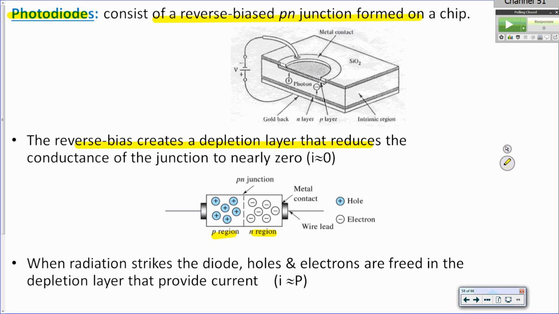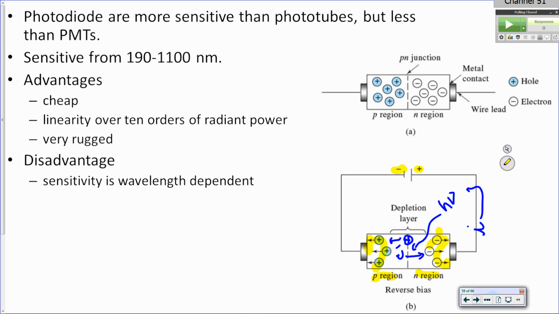They're not very big in terms of size. They're typically doped silicon of some region, and they have conductors attached to them. Whenever radiation comes in, it creates a hole and an electron, which provides current in the system, which is directly proportional to power. In terms of sensitivity, they're more sensitive than the old phototubes, and less sensitive than PMTs.